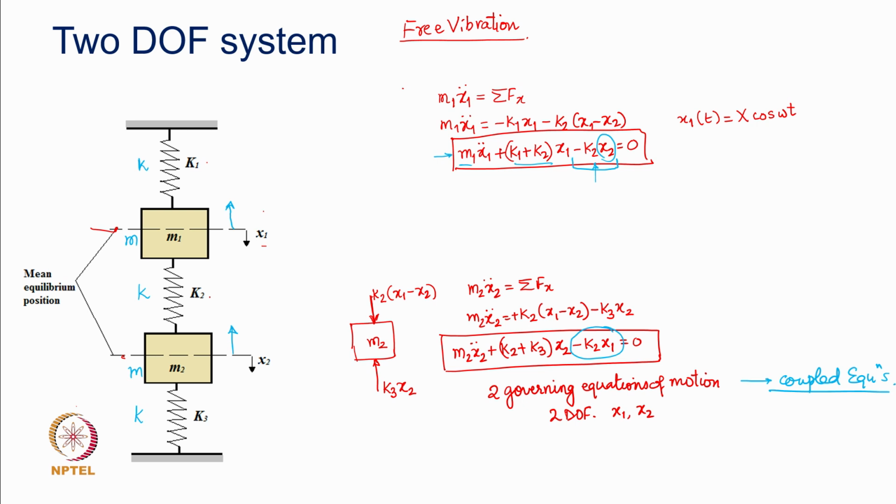Okay. But here, can we say that if somehow you make k 2 equal to 0, you can see, look at both these two equations, if somehow k 2 is 0, okay, the two equations become independent.